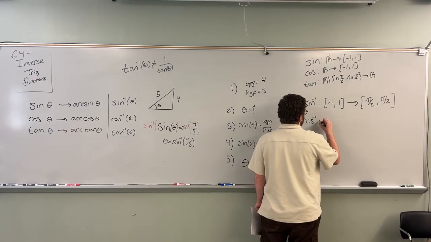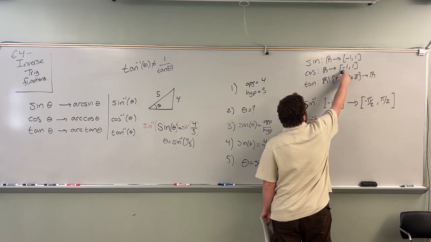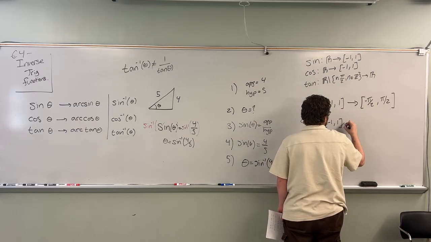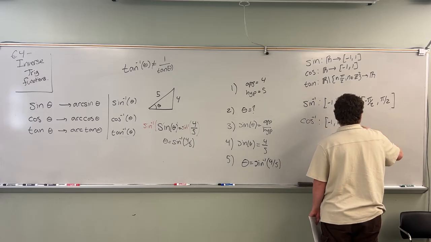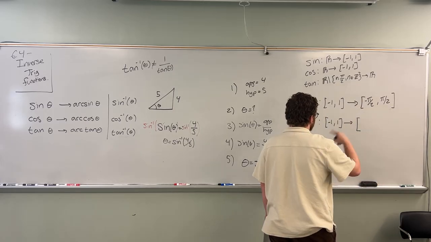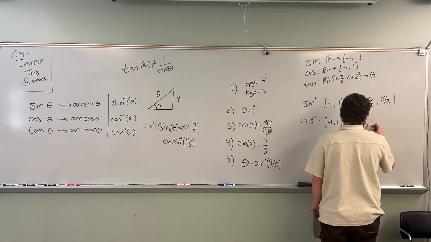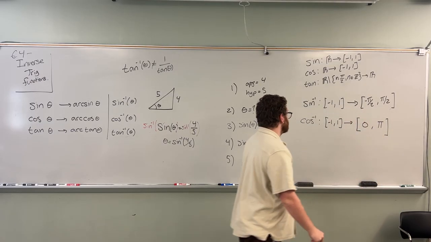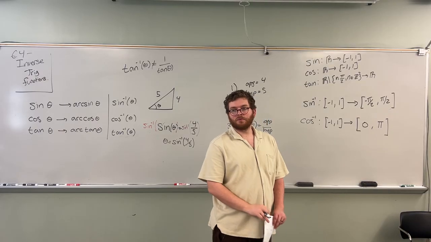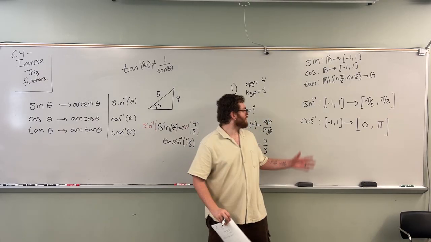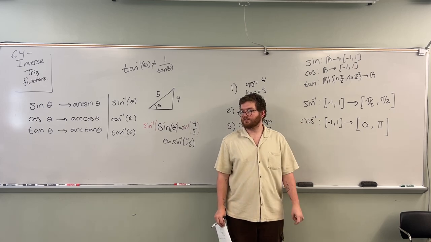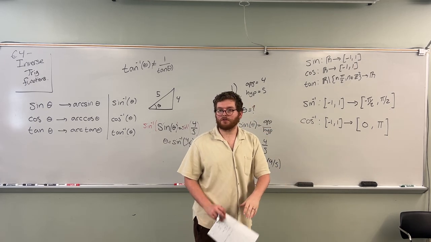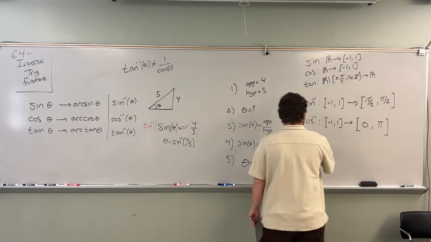Inverse cosine takes as its input the output of cosine, so I'm just switching that part. But it's instead now restricted to all of my possible x values, which would be from 0 to pi. Again, when we start talking about the unit circle and everything, this stuff will start to make a little bit more sense. As for now, this is more something just either to write down or look back at the lecture recording I have.